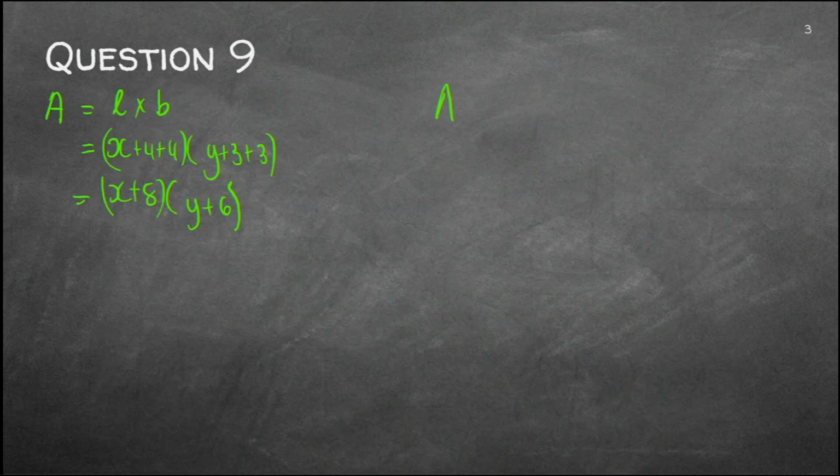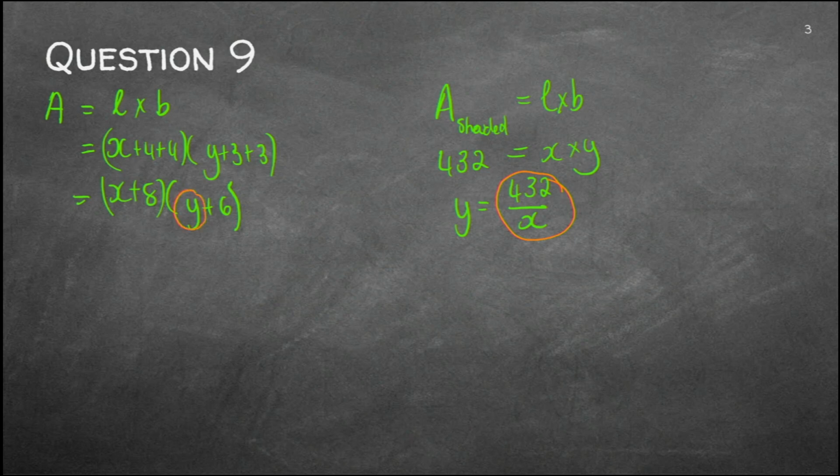We know that the area of the shaded rectangle would be length times breadth, which in our sketch is X times Y. But now they stipulated it's equal to 432 squared centimeters, which means Y will be equal to 432 over X centimeters. And this is perfect because now I can substitute it back into the equation, as I would prefer only to work with X values from now on.